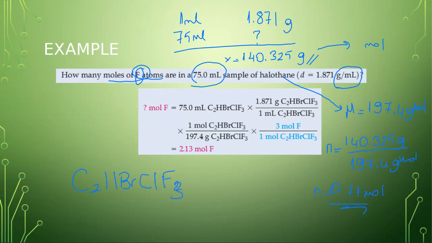You know that this is the fluorine atom. In 1 mole of halothane, we have 3 fluorine atoms, but here we have 0.71 moles. How many fluorine atoms do we have? Okay, and then you will find this is 0.